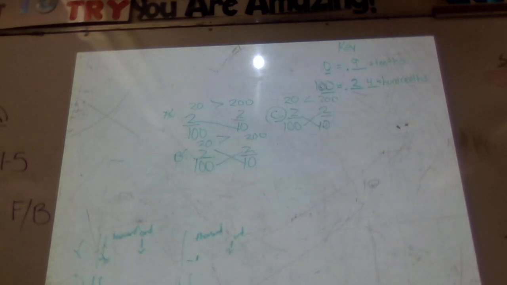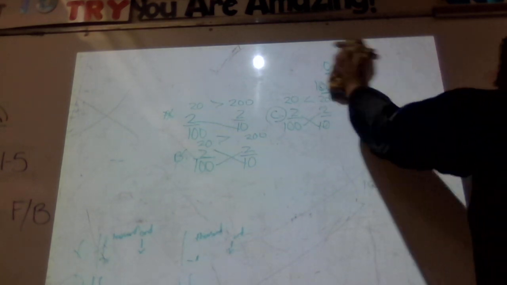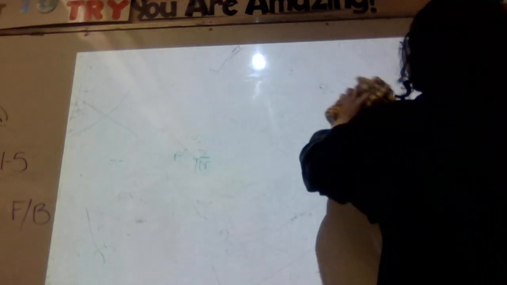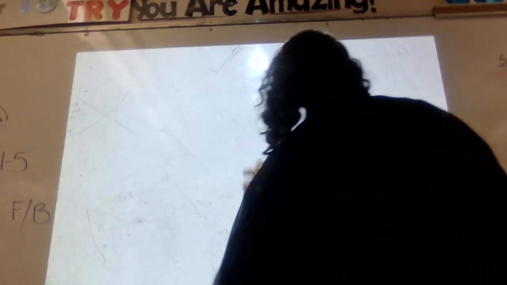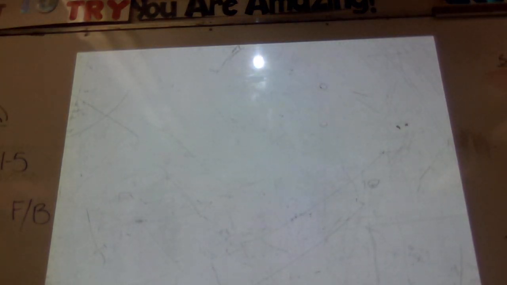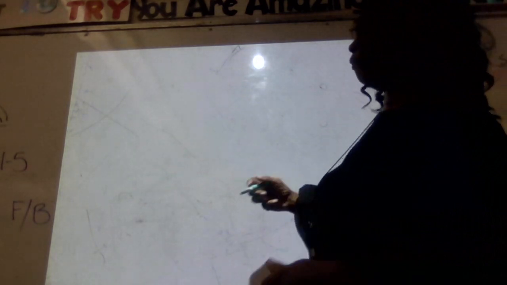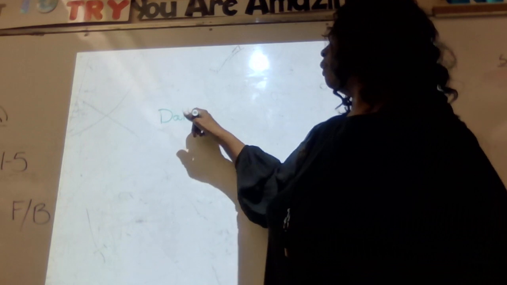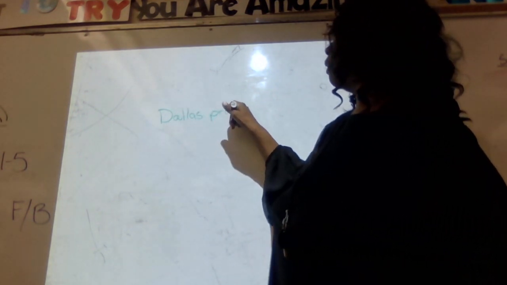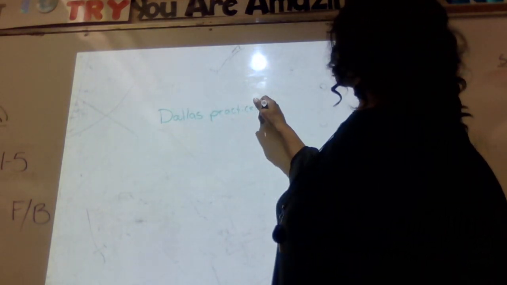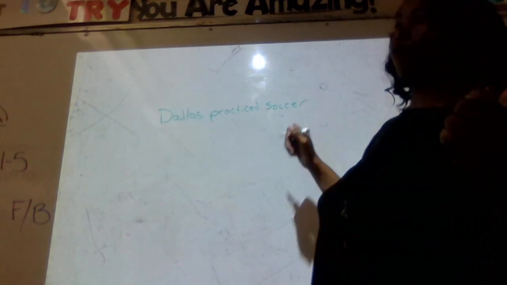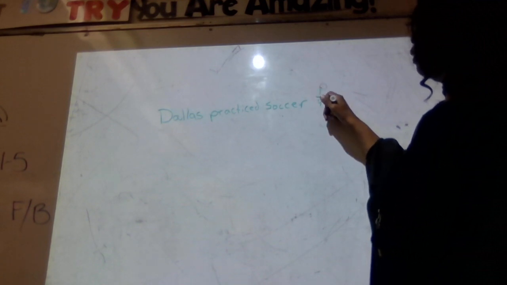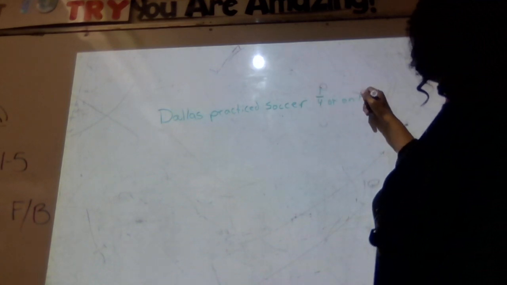Now I want to give you another example we've been working on. Let me give you an example like what we had on the board today. Dallas practiced soccer. And instead of 3/4 like we did today, I'm going to say 1/4 of an hour.